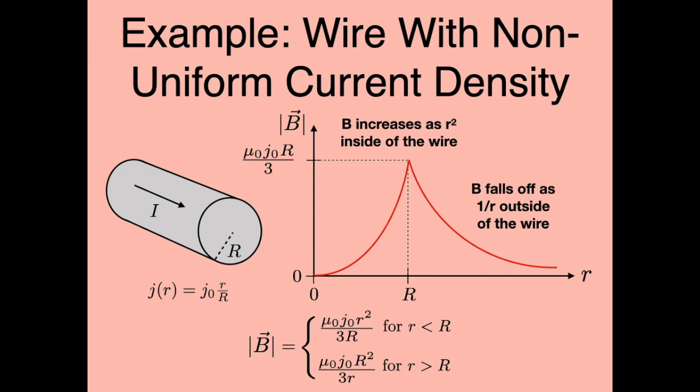That's our r squared curve. But then, as soon as we go outside of the wire, so as soon as our radius gets bigger than capital R, now the magnetic field is falling off. It's getting smaller, like 1 divided by r. So that's really what we're seeing here in these graphs. It's just a confirmation that the magnetic field increases as r squared inside of the wire and decreases as 1 over r when we're outside of the wire. That's what we found using Ampere's law.